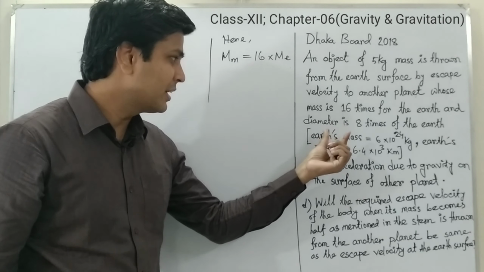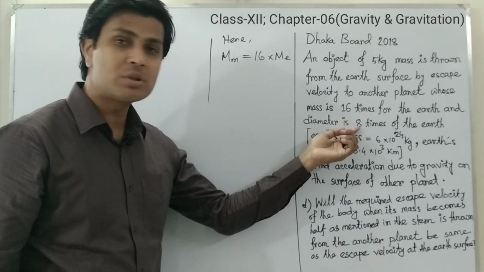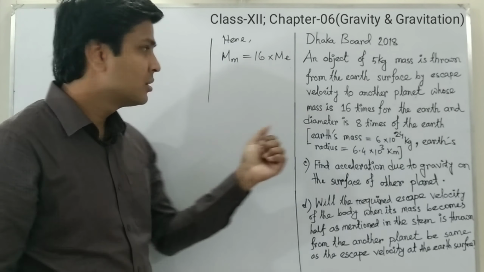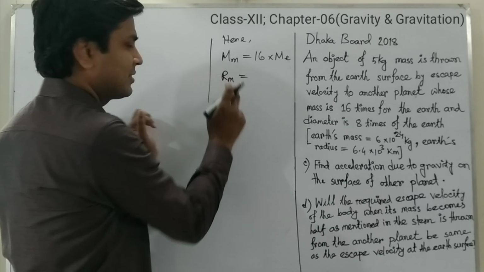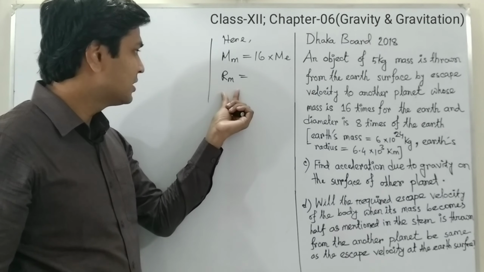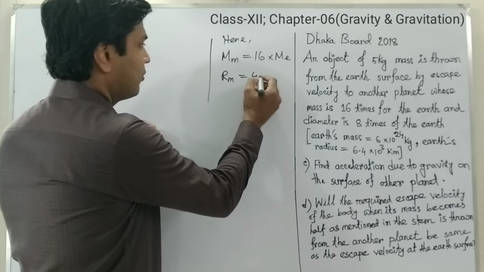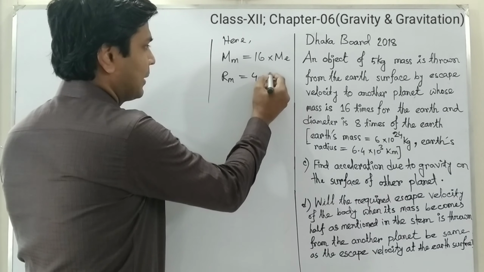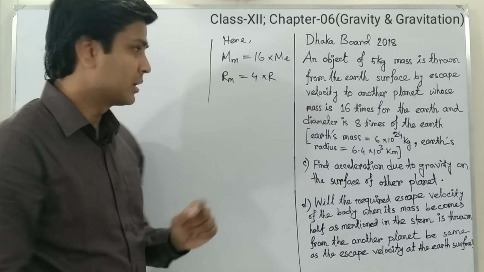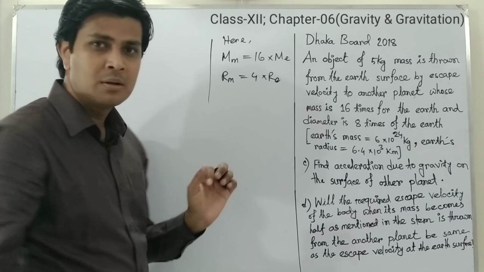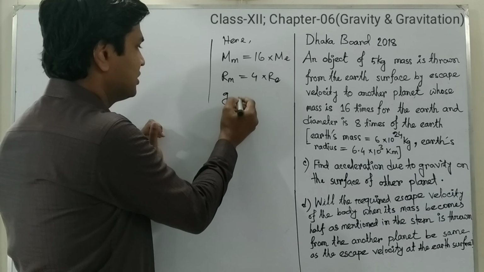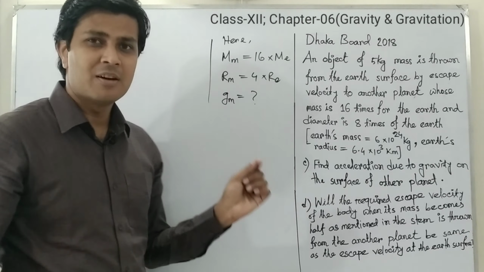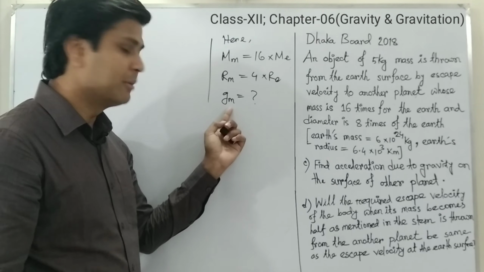That means the radius of the planet will be 4 times that of the Earth. So we can write Rm, the radius of that planet, is 4 times the Earth's radius. And we have to calculate the acceleration due to gravity on the surface of that planet, gm.